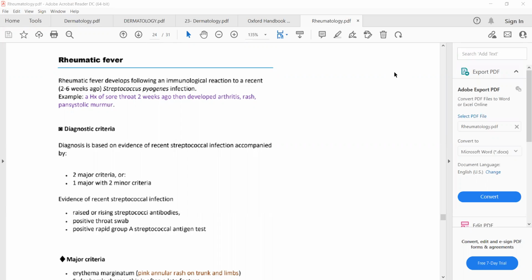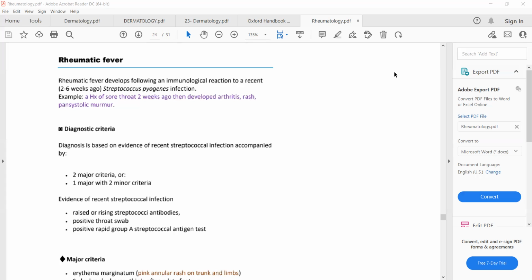So we discussed in previous lectures that after a history of sore throat due to streptococcal infection, a person can develop post-streptococcal glomerulonephritis as well as IgA nephropathy as well as ITP or HSP.